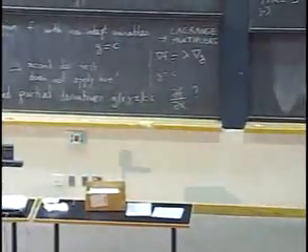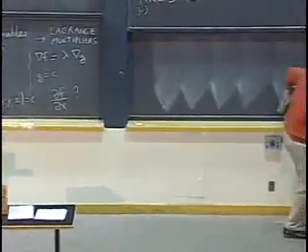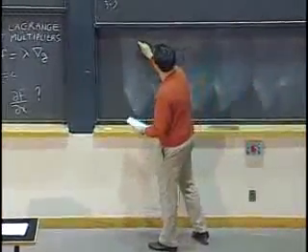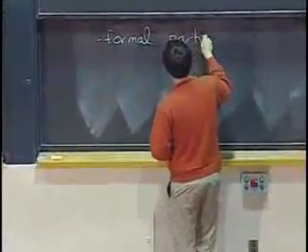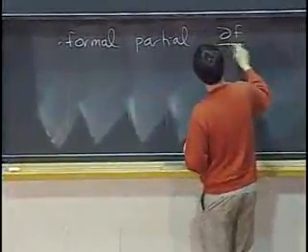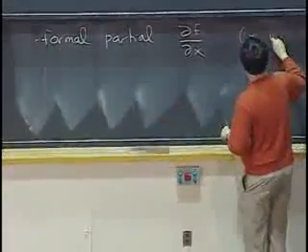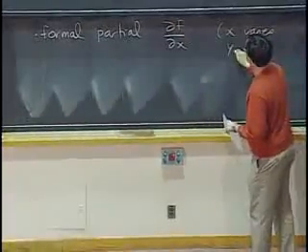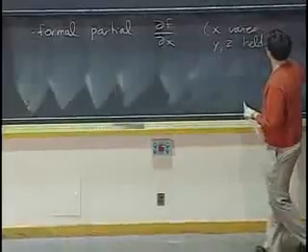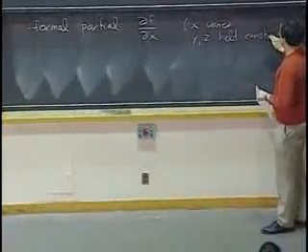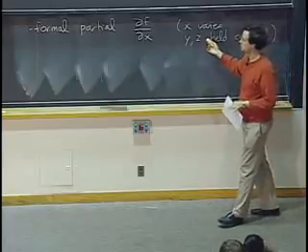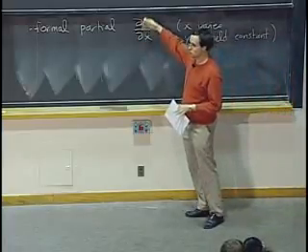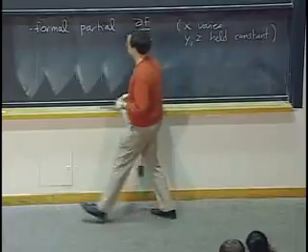So just to remind you very quickly, there's the formal partial, partial f, partial x, which means x varies, y and z are held constant, and we forget the constraint. This is not compatible with the constraint, but we don't care. So that's the one that we compute just from the formula for f, ignoring the constraint.